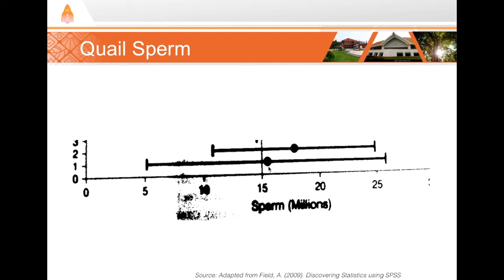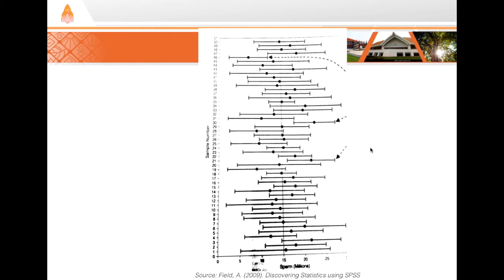This time, the sample mean was 18 million. Again, they computed a confidence interval, and this time it went from 11 million to 25 million sperm. Remember, the confidence interval tells us the range in which we believe the true population mean falls. So fast forward to the point where they've completed the experiment 50 different times, taking 50 different samples and computing 50 sample means and 50 confidence intervals.